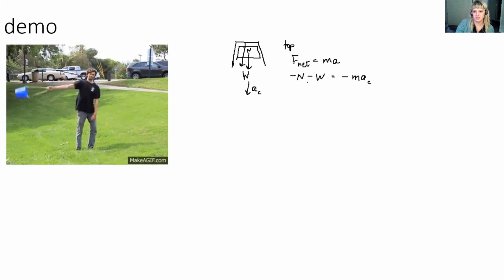Everything is negative, so actually I can multiply through by -1 and make everything positive. And what I'm going to do is, again, solve for the normal force.